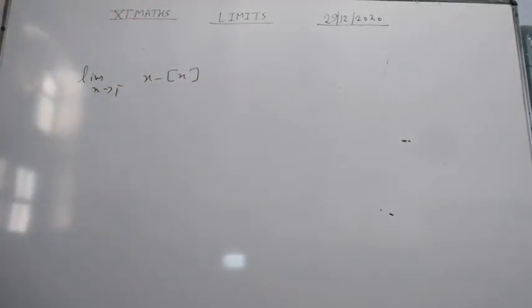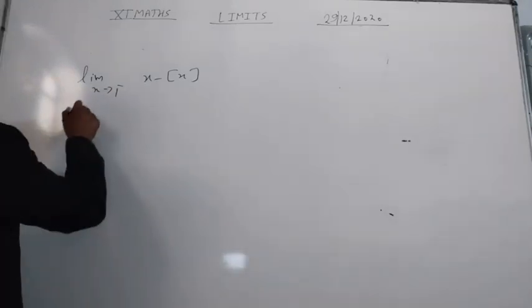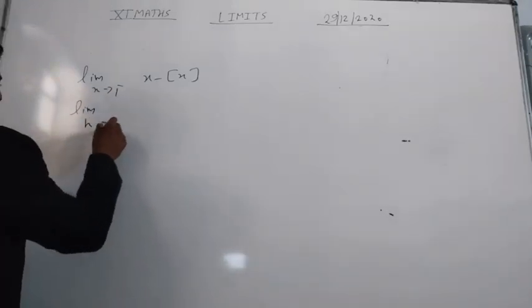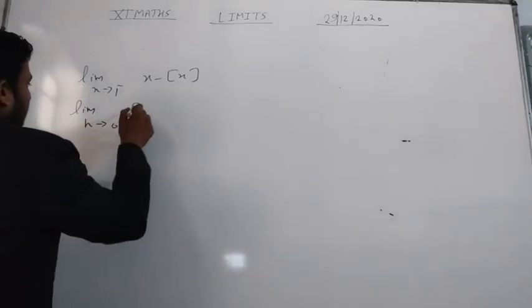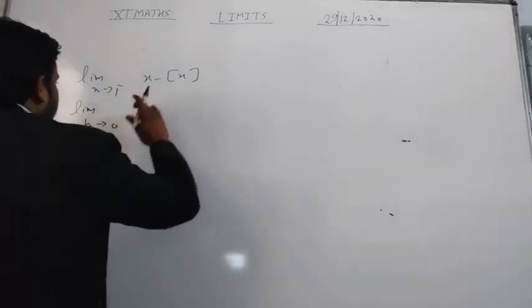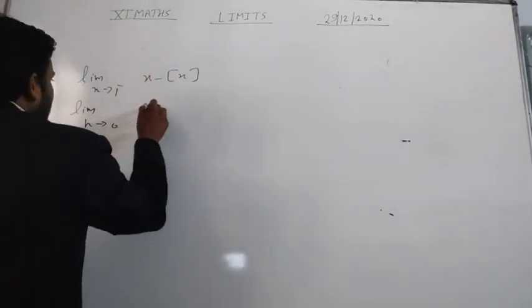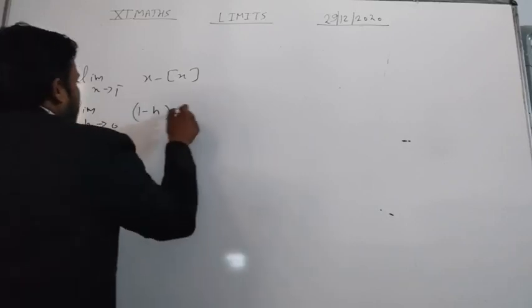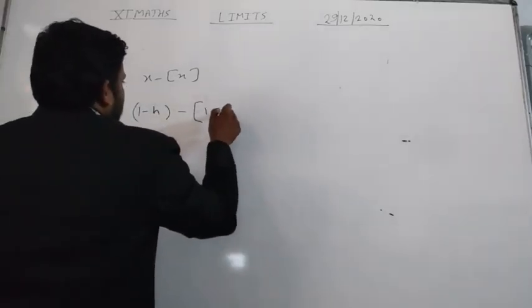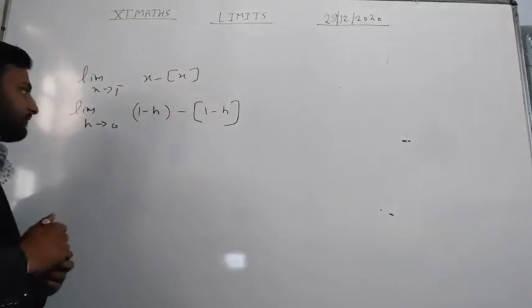Okay, student, this is our next question. So you know, student, this is 1 minus. So we write limit h tends to 0 of 1 minus h minus greatest integer of 1 minus h.